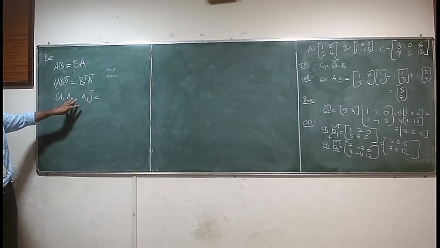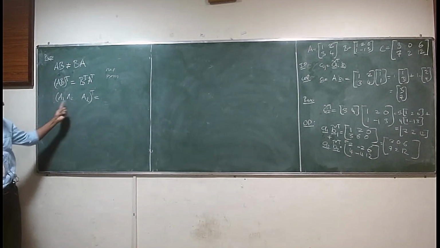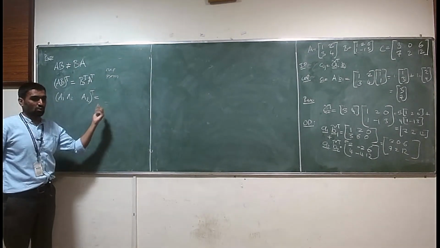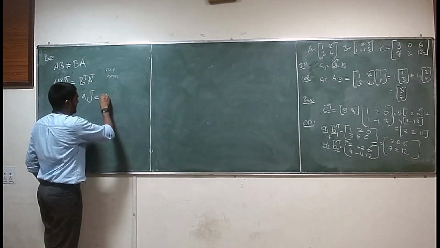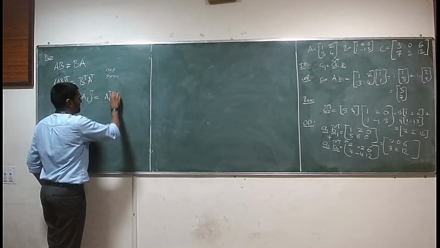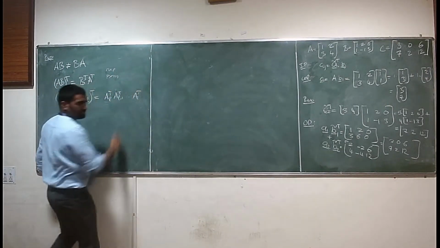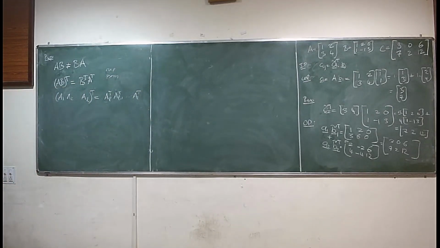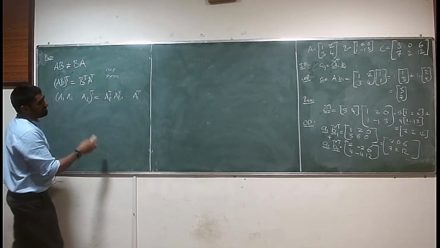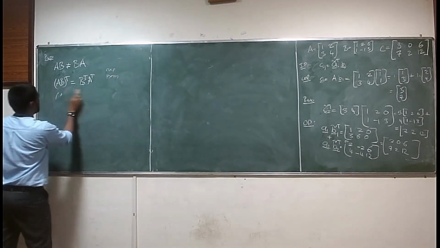You can simply express this as the product of the individual transposes, but in the reverse order. So this will be AL transpose, AL minus 1 transpose, up to A1 transpose, and these are easy to show. So these are the only two major ones. The rest you can take a look at the slides.